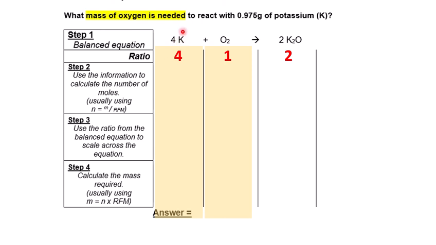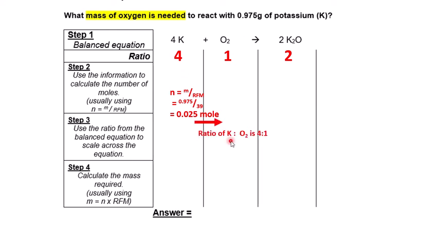You're told how much potassium, so we're going to start here, and you'll see it'll start exactly the same way as the last time. But this time, we need to work out how much oxygen, 4:1 ratio. So for every 4 K, we only need 1 oxygen. So there's our number of moles of potassium, exactly the same as we did last time, 0.975 divided by 39, 0.025. But this time the ratio is 4:1. For every 4 potassiums, we only need 1 O2. So we're going to scale between those 2 columns.